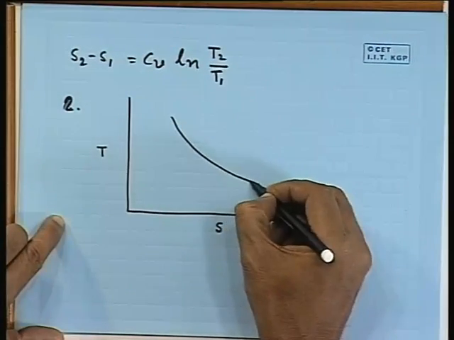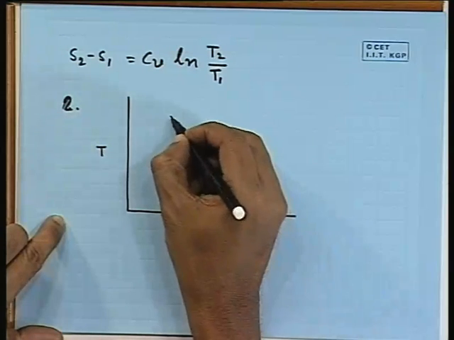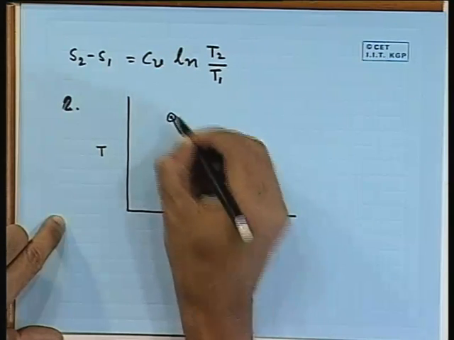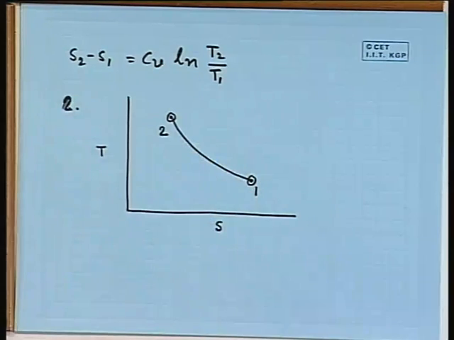It is some sort of logarithmic or exponential relationship. So, we will have something like this, 1 to 2, this is 1, this is 2. So, we will have a process like this. Either we can have a cooling process or a heating process, something like this.